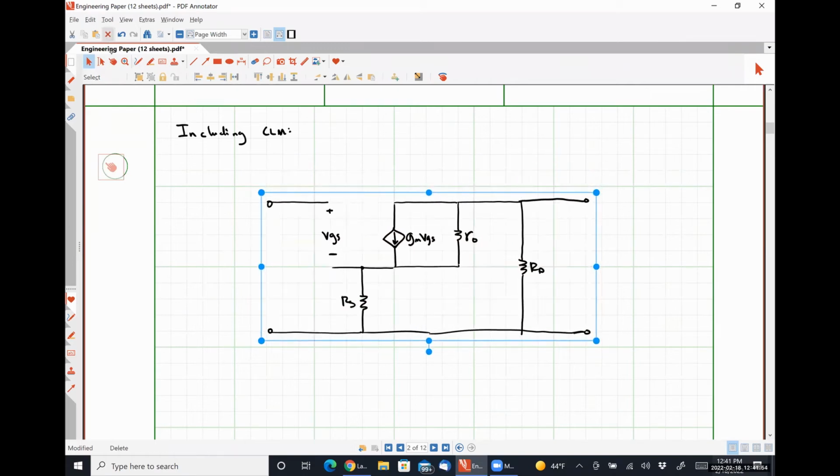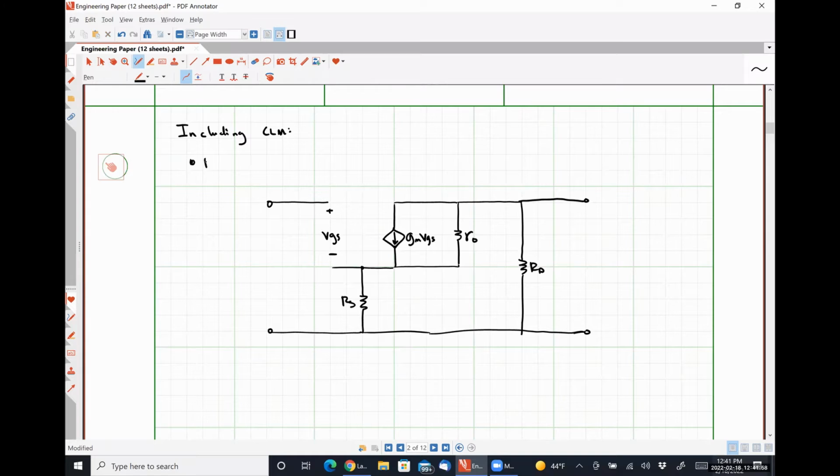So to determine the quantity Rin, we would apply an input signal Vin here, determine a current Iin here, and the ratio of Vin to Iin should be our input resistance, right? That's our methodology for determining input resistance for literally any circuit.